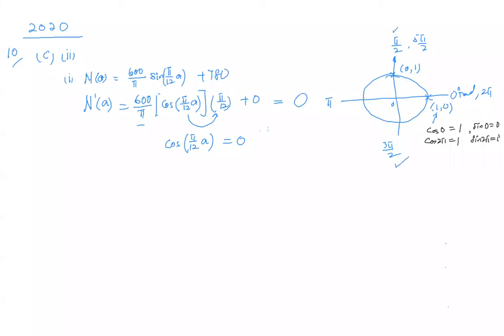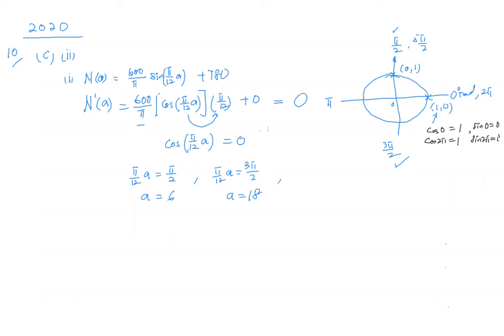So I will say pi by 12a is equal to pi by 2, so a equal to 6. Pi by 12a is equal to 3 pi by 2, so a equal to 18.